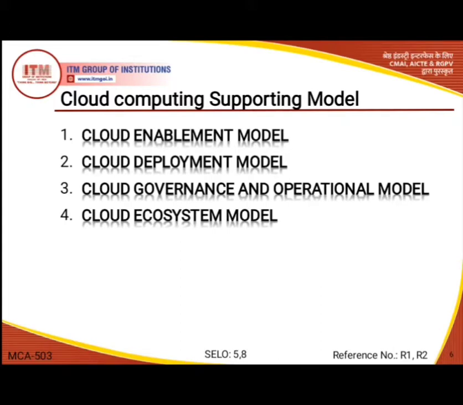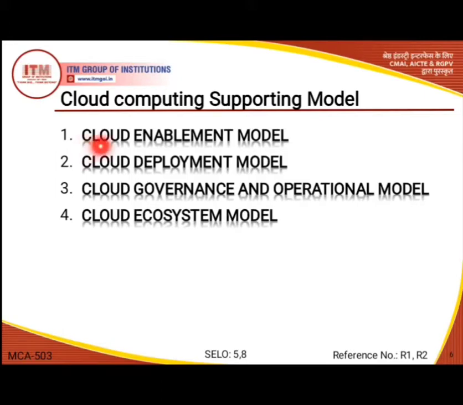So basically all these supporting models are just used as a support system for the cloud computing reference model, and these models provide some specific features in creating the reference model.